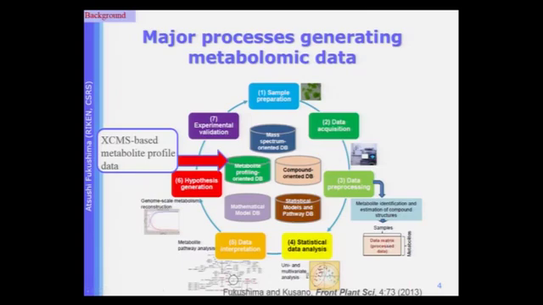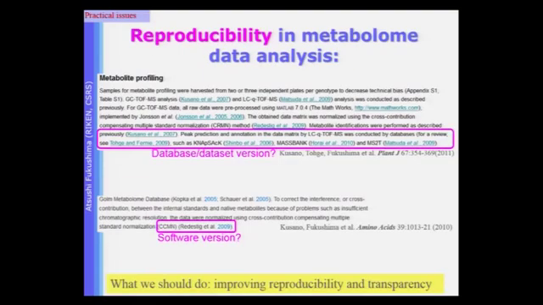Today, I would focus on so-called downstream data analysis, including statistical data analysis, data interpretation, and hypothesis generation. So typically, we can know incomplete information about data analysis, including database and the software version.